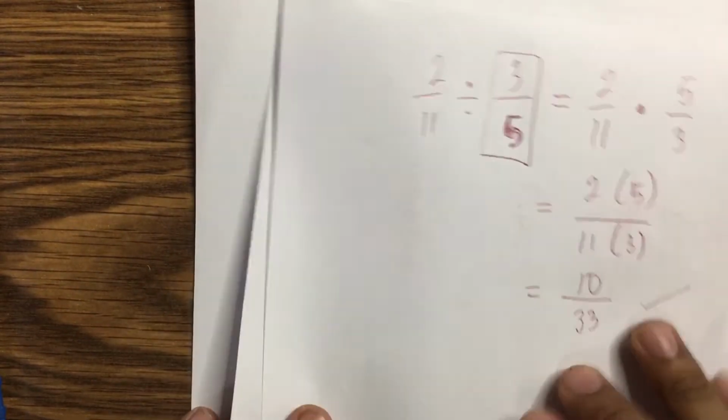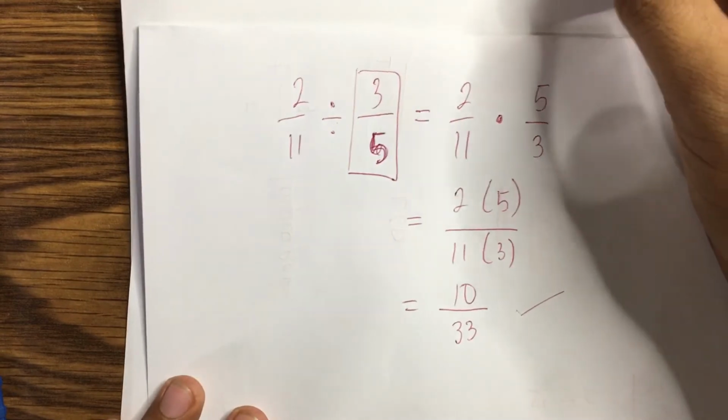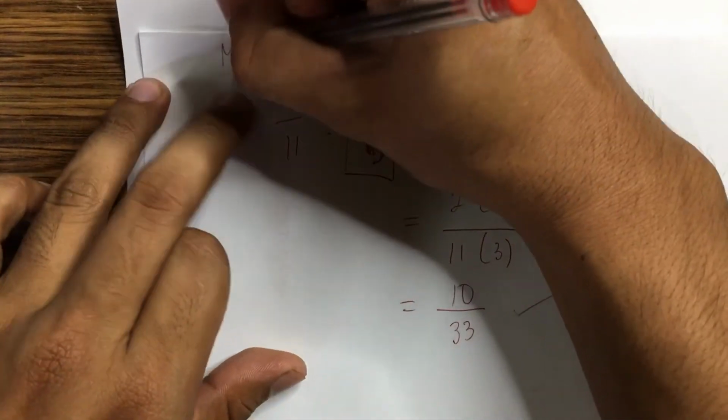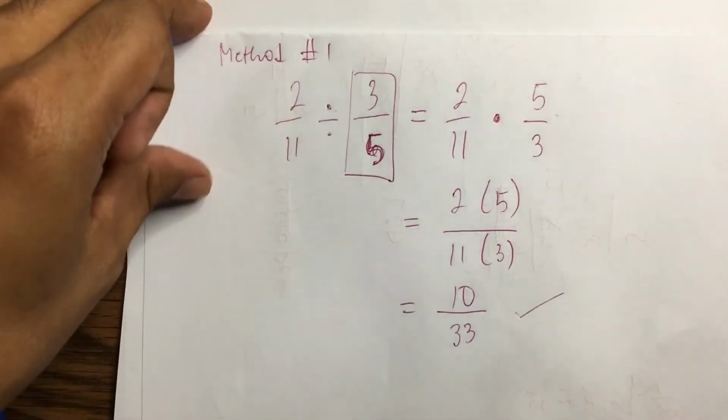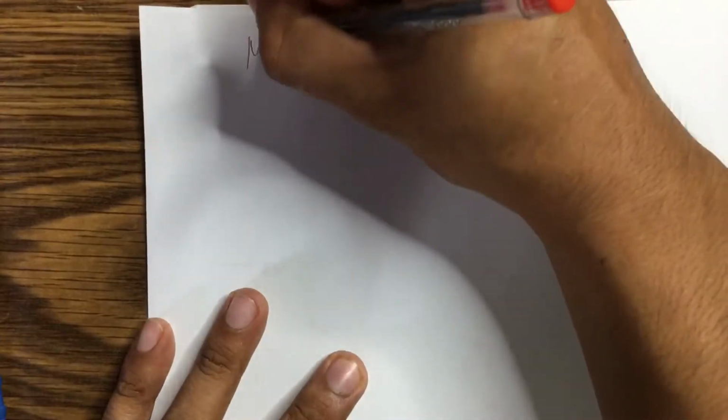So this is now our final answer. This is our first method, the reciprocal. Let's try another method which is simpler and easier. Let's proceed to method 2.